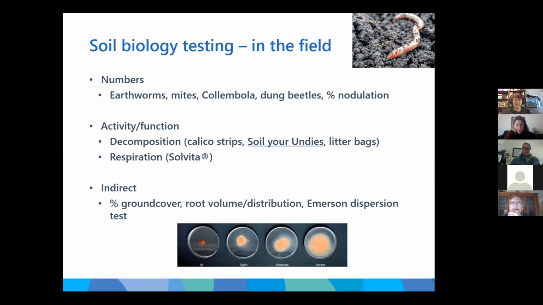So if you get no dispersion, your aggregates are highly stable, and if it all just falls apart, then you have very unstable aggregates and all the particles fall apart, so there's no soil glues, and it's related to soil type as well. But yeah, you've got no soil bacteria and fungi sort of gluing those together.